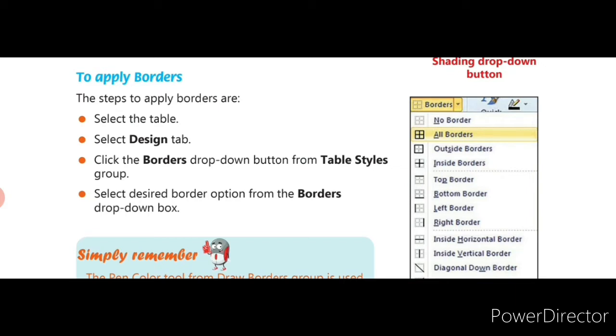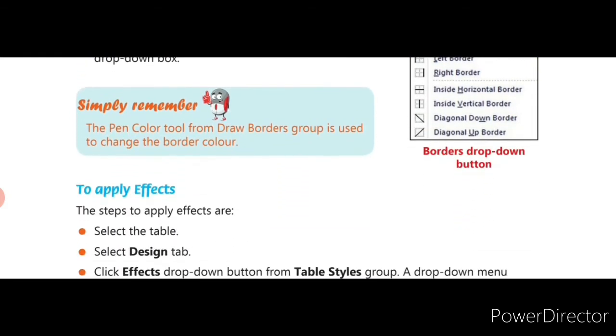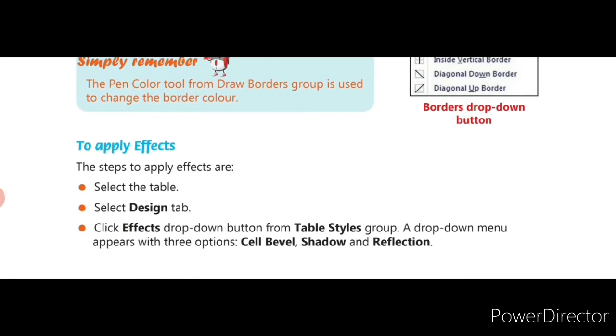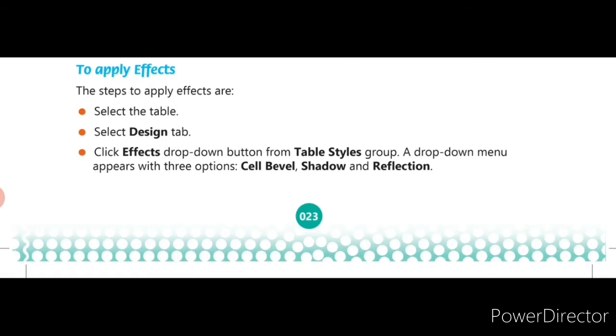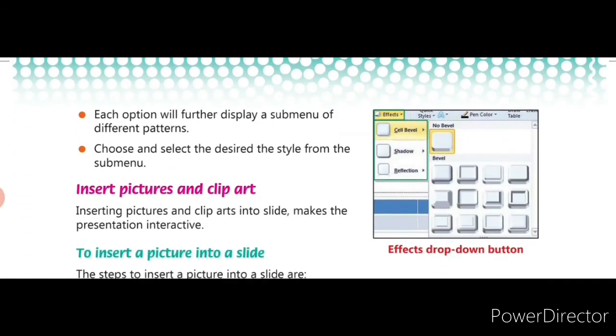The steps to insert a picture into a slide are: select the insert tab and click the picture button from the images group. A dialog box opens to select the picture from the computer. On your right side, see this window, it shows the picture button. File, home, insert, design tabs are there at the top of your window, isn't it?